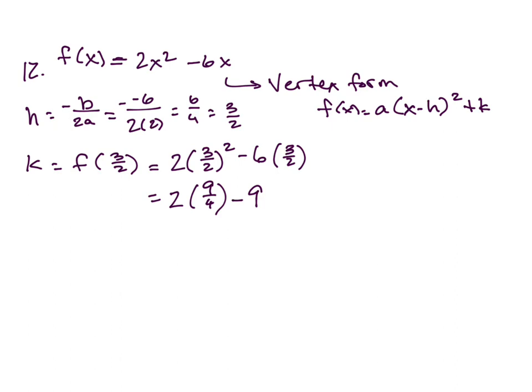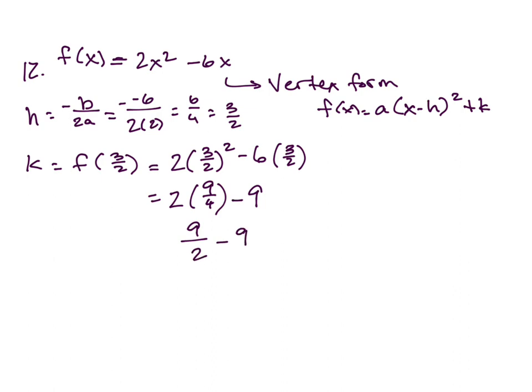What's 2 times 9? 18 divided by 4. 18 fourths, also known as, 18 and 4 are both divisible by 2, 9 halves. Okay, so 9 halves minus 9.